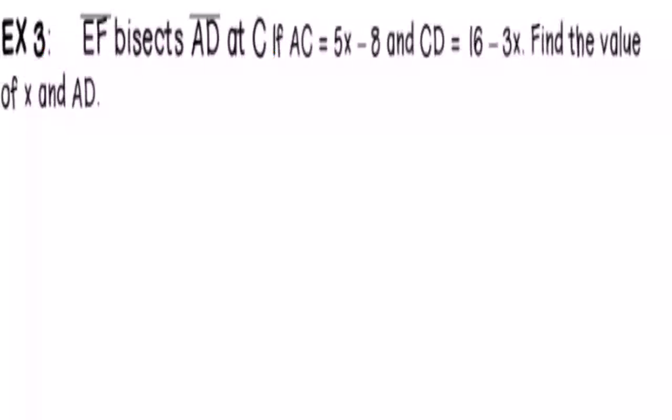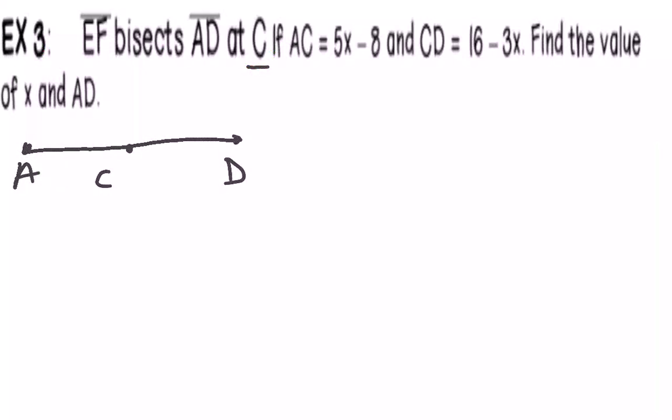So it says EF bisects AD. So the segment that's being bisected is AD, and it's happening at point C. Let me draw that to the side.